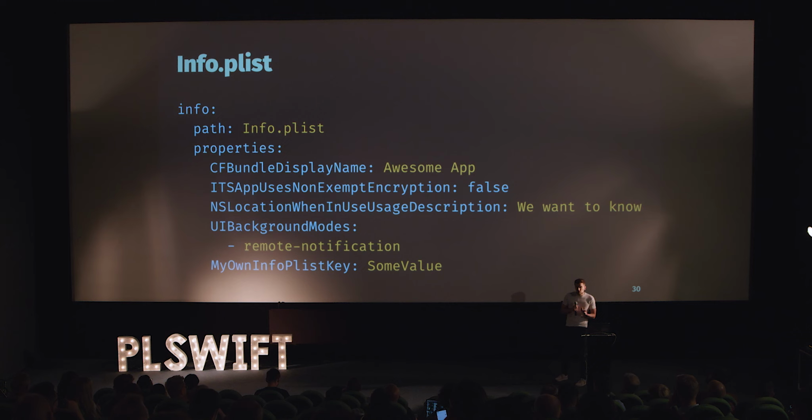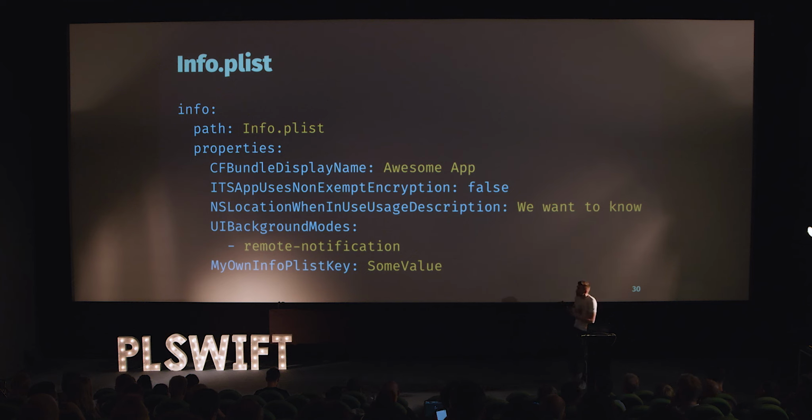Next thing, XcodeGen not only generates Xcode projects for you, but it also generates info lists for you. Because let's be honest, info lists are also project configuration. So including them in the same place as the rest of the project makes sense. And by default, XcodeGen generates an info list for you with predefined properties, the basic ones.